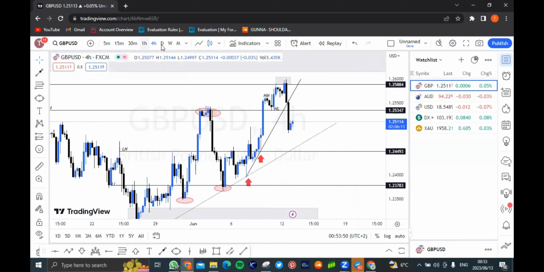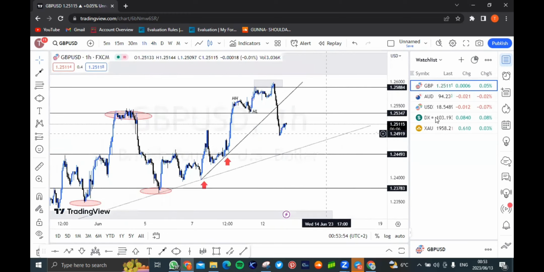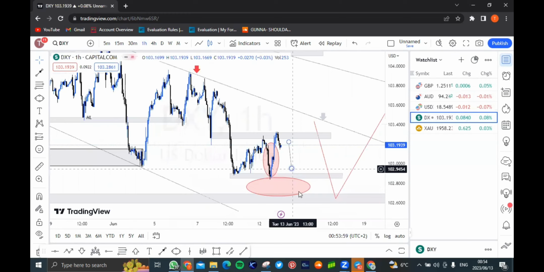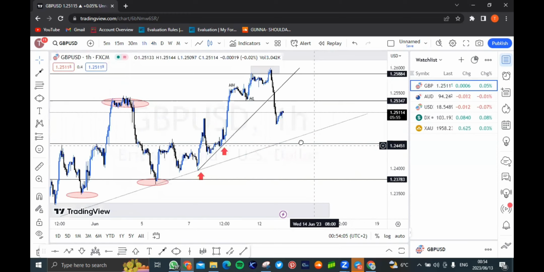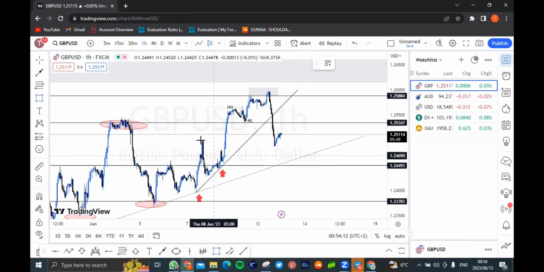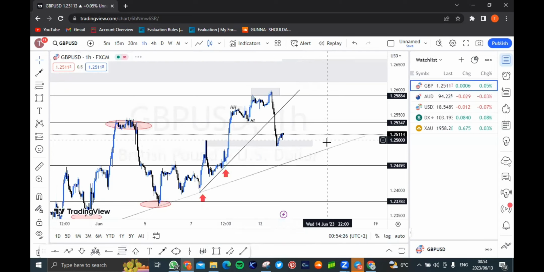So I was like, okay, GBP USD might sell for a while just to retrace, but the overall trend is bullish. So what would that mean if our DXY is going to drop and maybe until here before it goes up, and then we know that our GBP USD must also go to the upside, meaning it actually came here to retest the previous higher high, but we don't know.